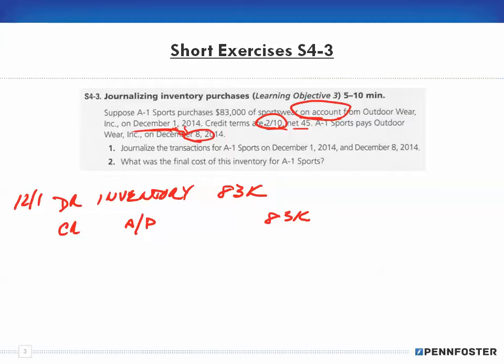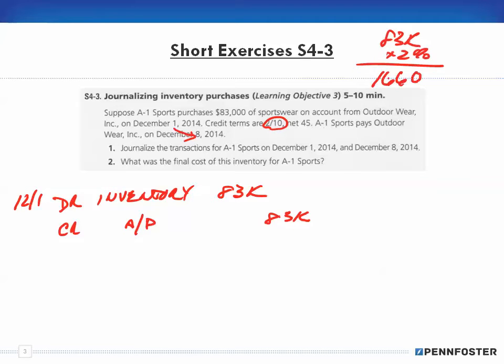Now, it says credit terms are 2/10, and we're paying off the bill on December 8th, so that's only 7 days away. So I'm able to take a 2% discount. So 83,000 times 2% gives me $1,660. That's going to be my discount.